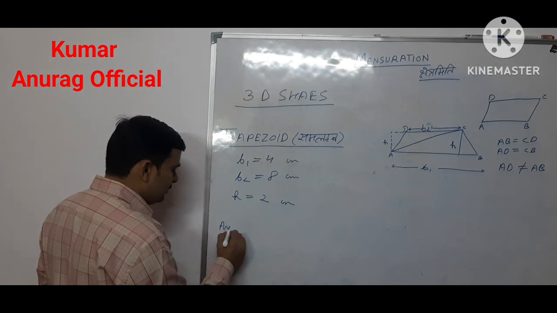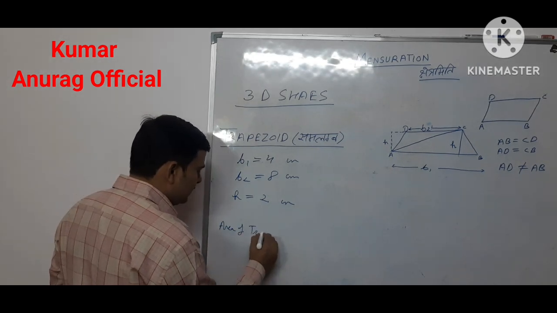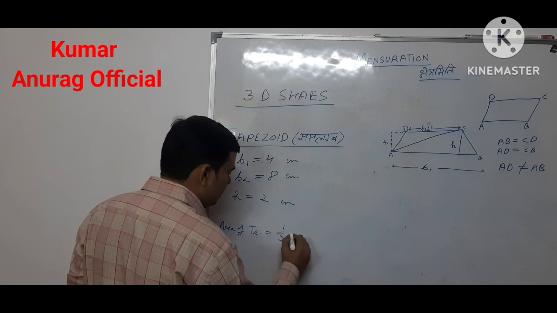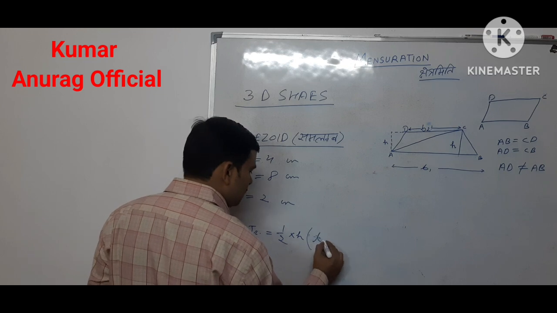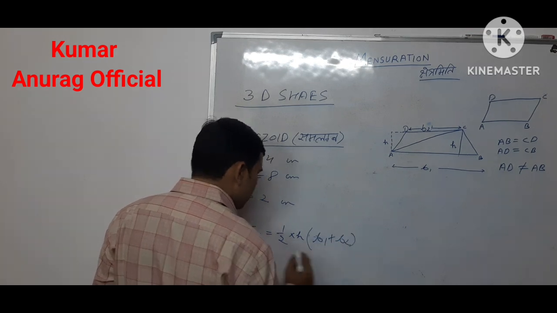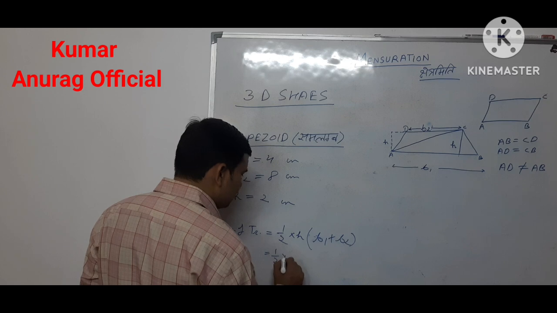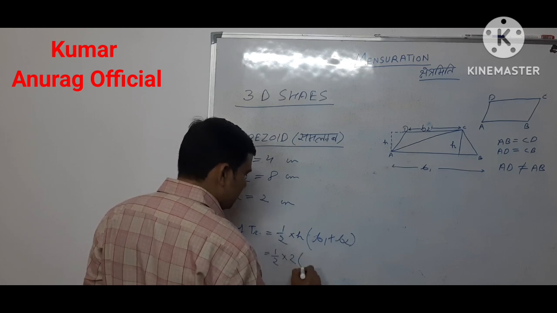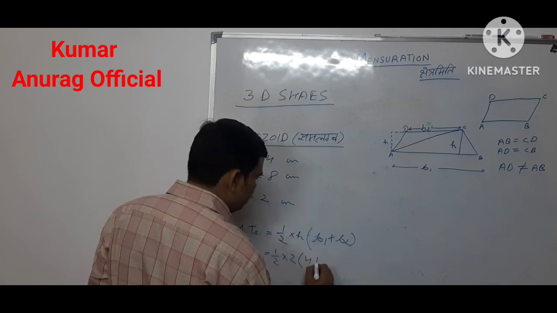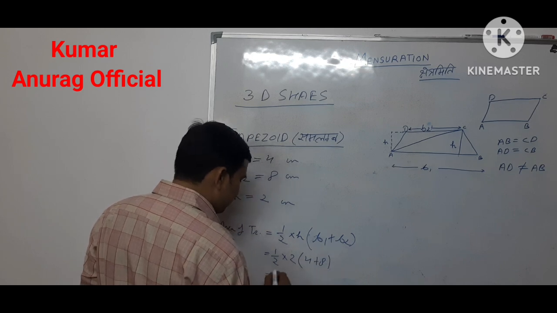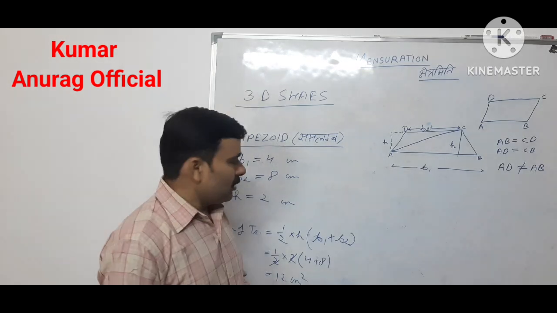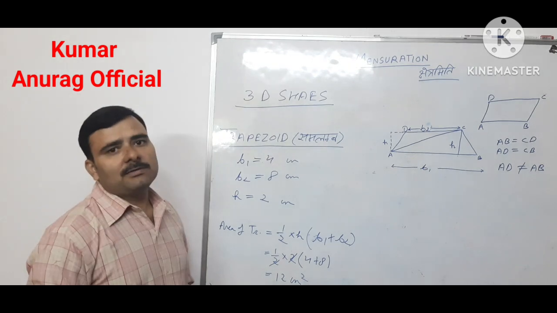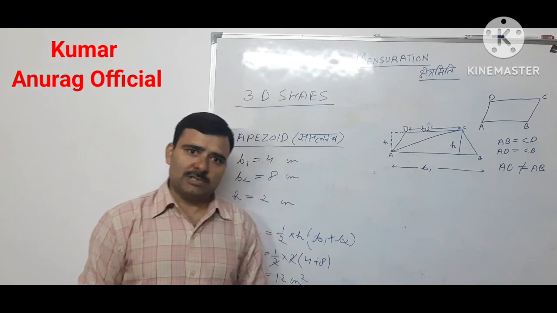As we know, the area of a trapezoid is equal to half into height into B1 plus B2. Now we put in the values: 1/2 into height 2 centimeters, and B1 is 4 centimeters and B2 is 8 centimeters. When we put in the values, we get 12 square centimeters. So we have the area of the trapezoid. With the help of this, we can find the area of any trapezoid.